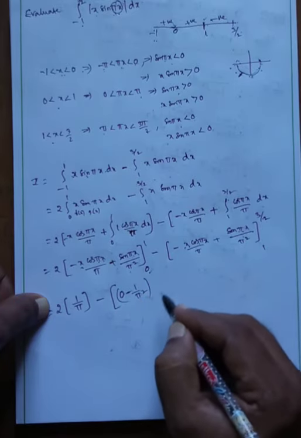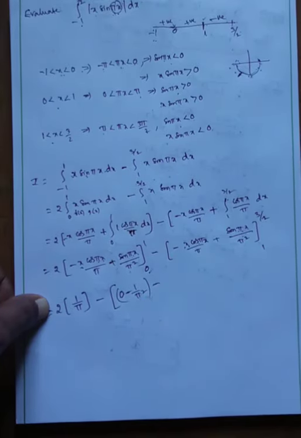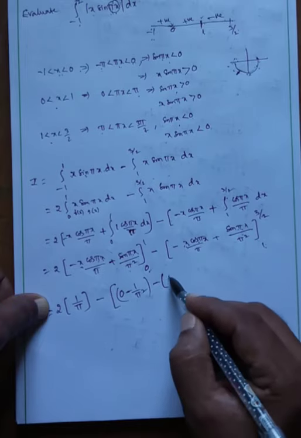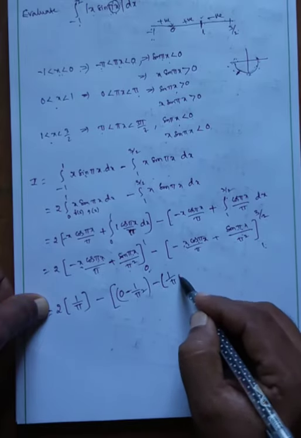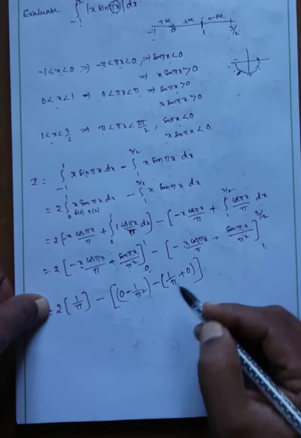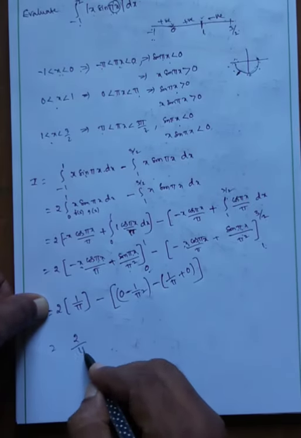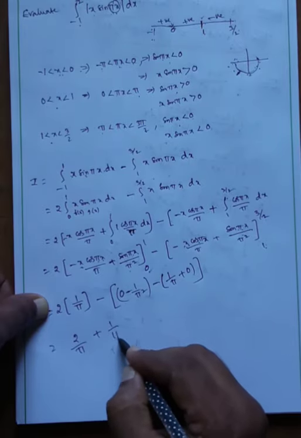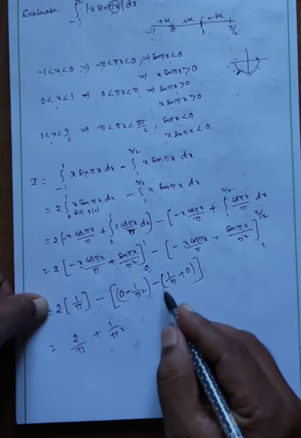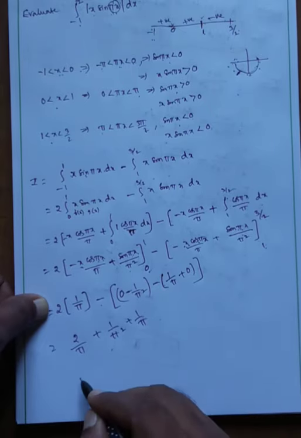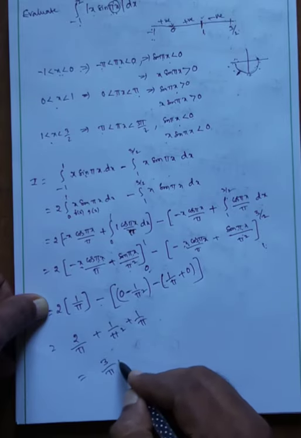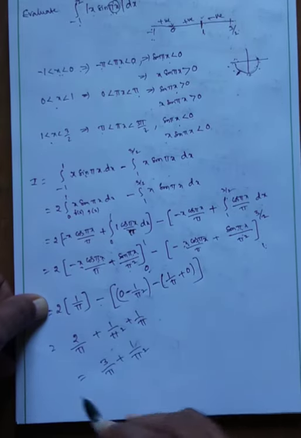This is the upper limit, minus the lower limit. The lower limit is 1, so cos pi is minus 1, giving 1 by pi, plus 0. Already we saw 2 by pi, and minus into minus gives plus 1 by pi, so the total is 3 by pi plus 1 by pi square.